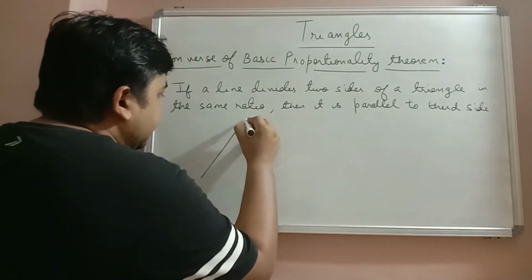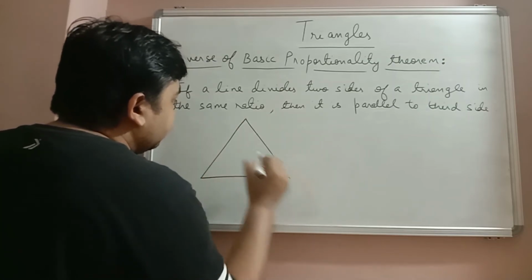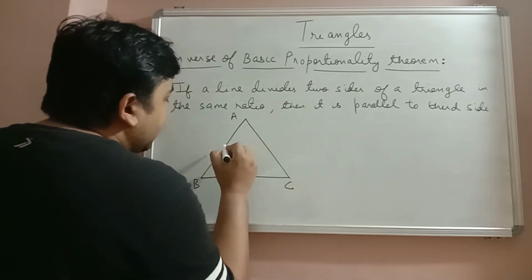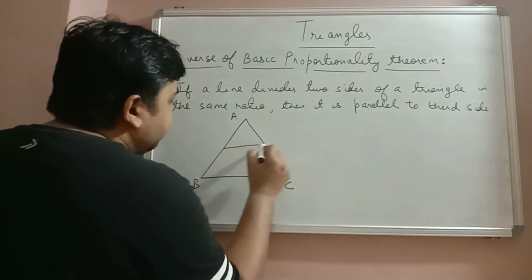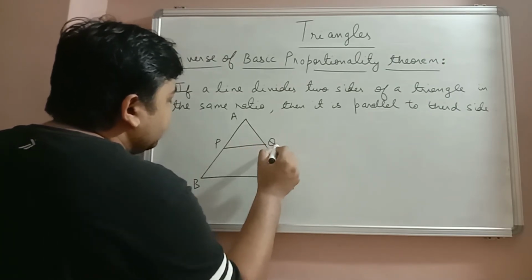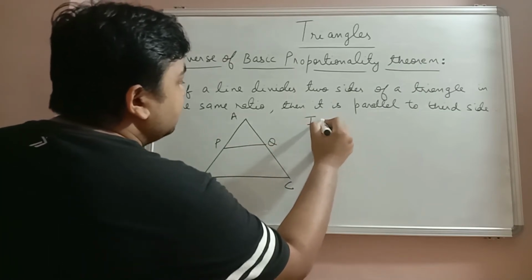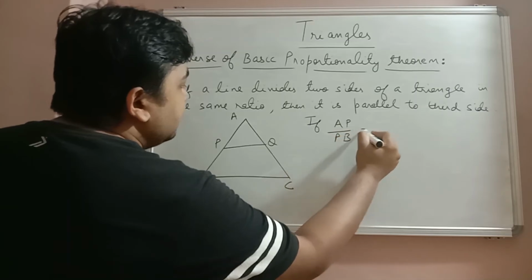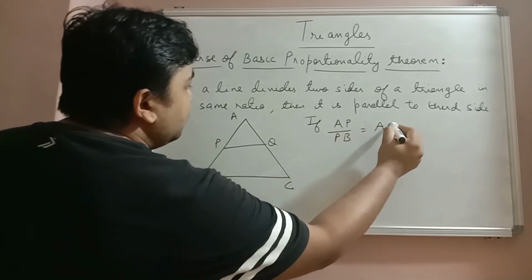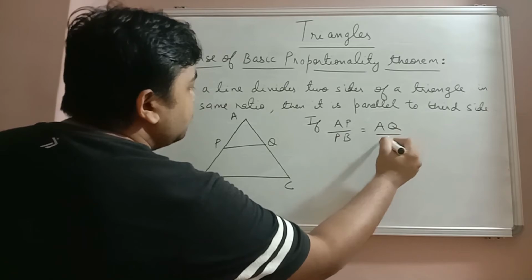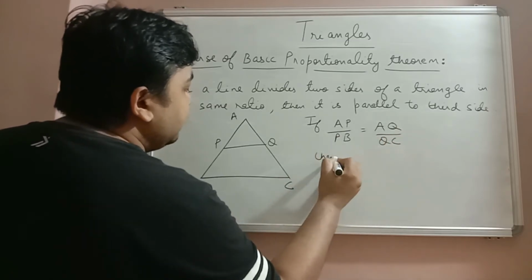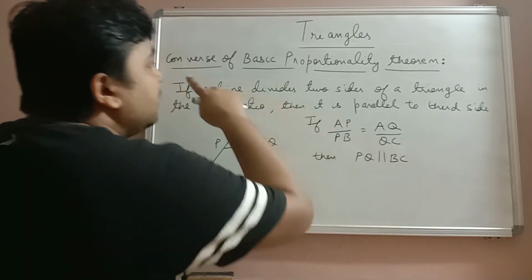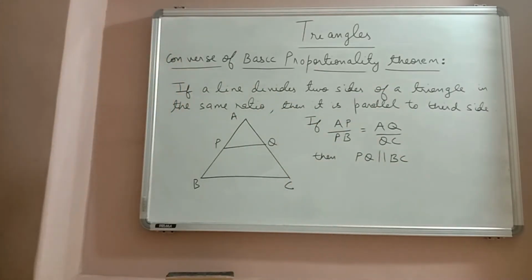If I have a triangle ABC and I have a line PQ such that AP upon PB is equal to AQ upon QC, then one can say that PQ is parallel to BC by converse of basic proportionality theorem.